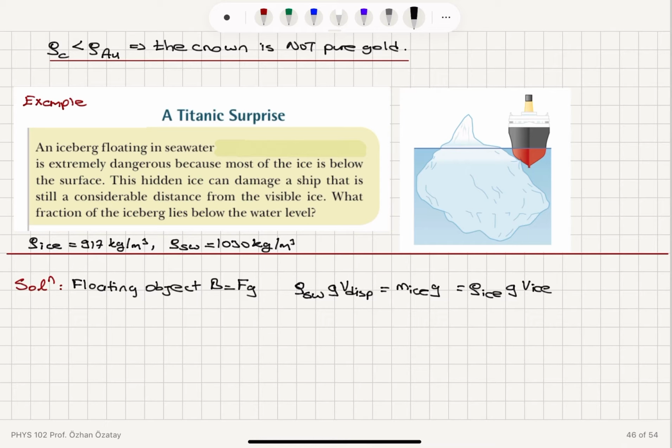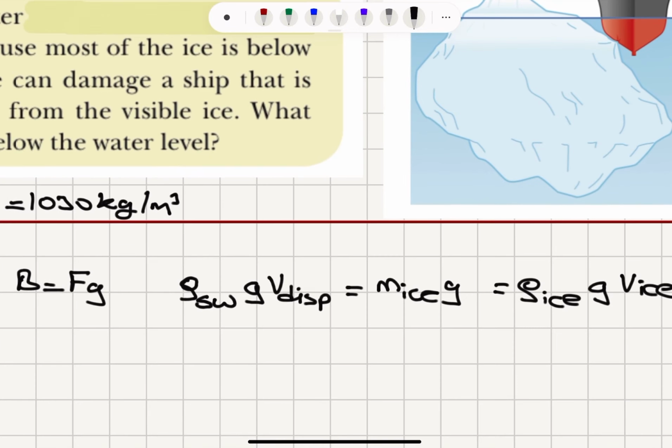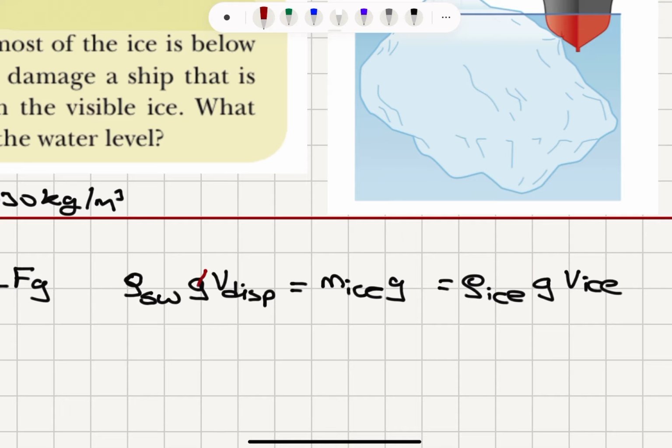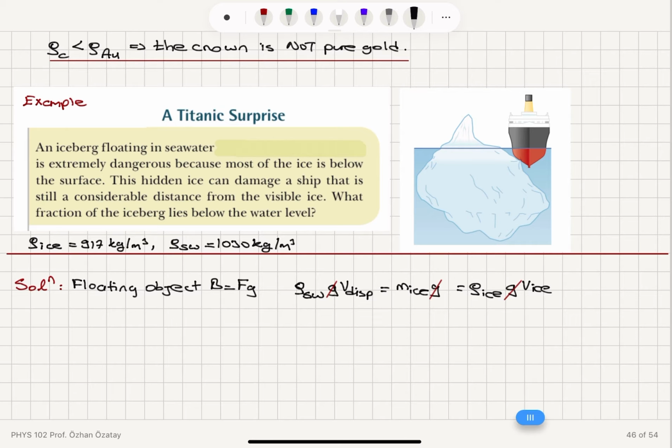So this basically gives us the following result, because we have these two g's disappearing. So we find that the volume displaced, V displaced, which is the volume underneath the water, divided by the total volume of the ice, is equal to the ratio of the density of the ice.